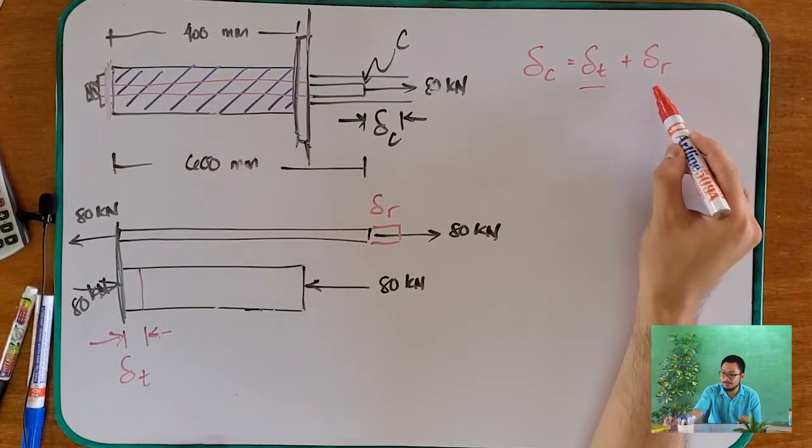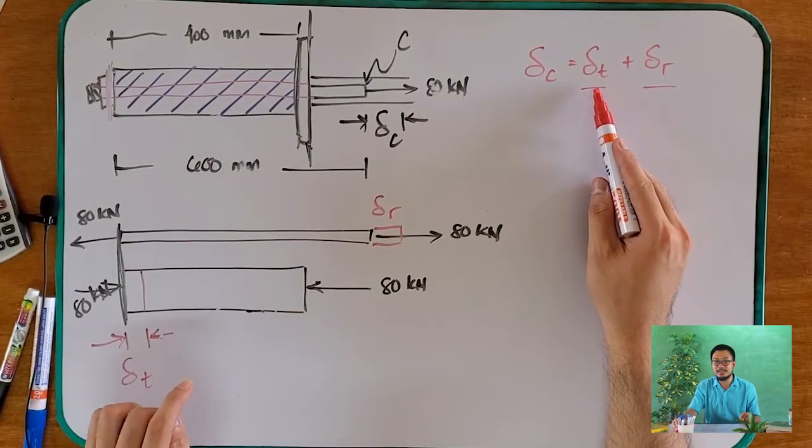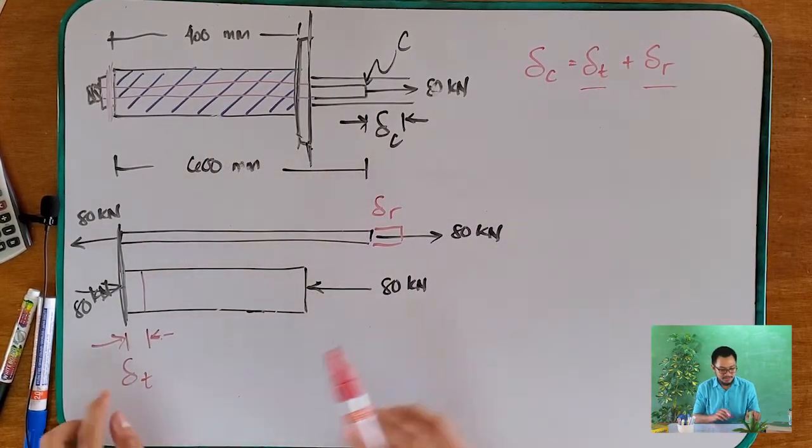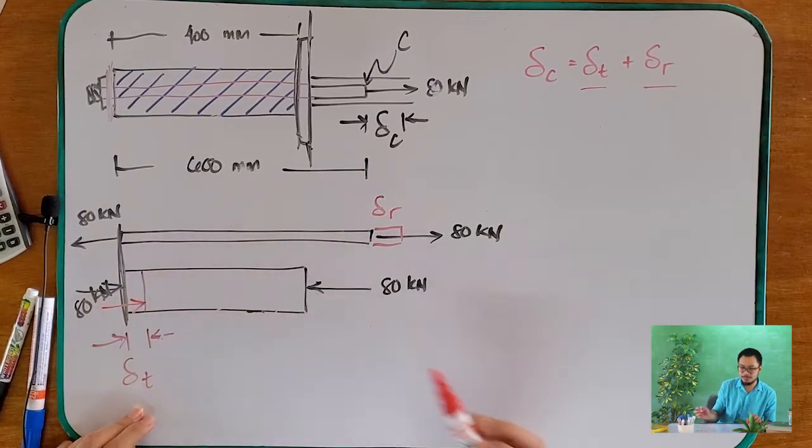What is positive here? We all know that your delta T, or this tube, will compress. So it goes toward here. Okay?